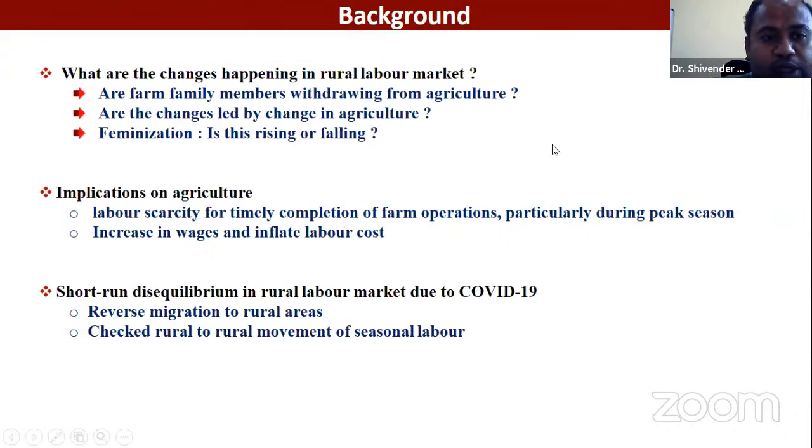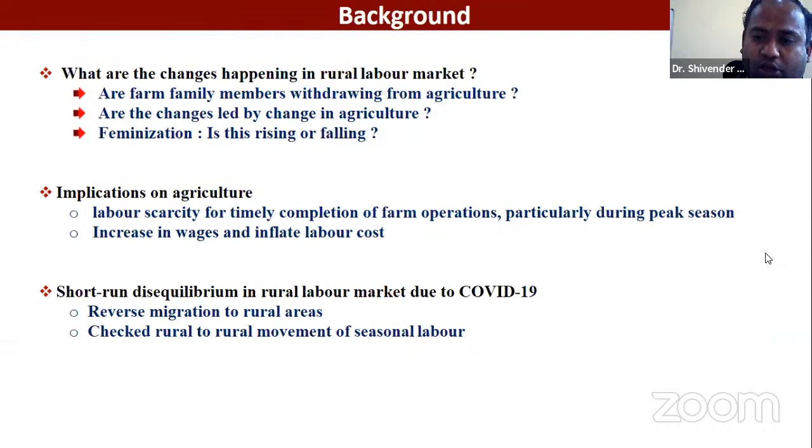When we look at this, interesting questions arise: what are the changes happening in the rural labor market or rural employment? We can see whether farm family members are withdrawing from agriculture or not. Once economic development takes place, the first thing an agricultural household does is withdraw family members from cultivation, and they hire more and more labor.